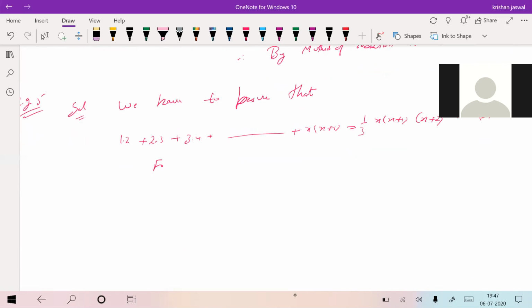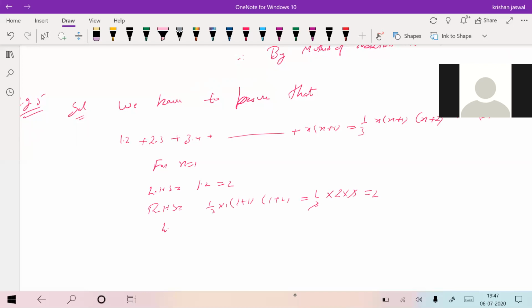Now for n is equal to 1, left hand side is 1 into 2, that is 2. And right hand side is 1 over 3 into 1 into 1 plus 1 into 1 plus 2, which is 1 over 3 into 2 into 3, 3 divided by 3 times 2, is equal to 2.